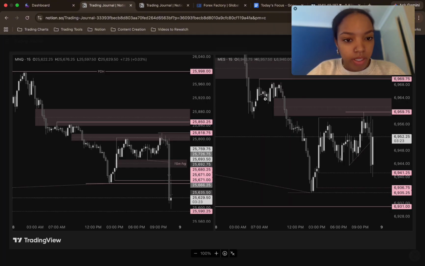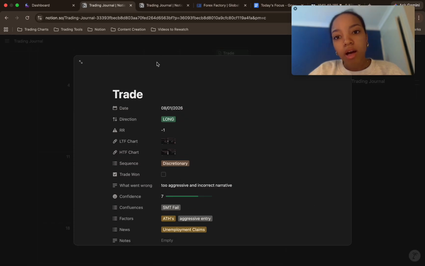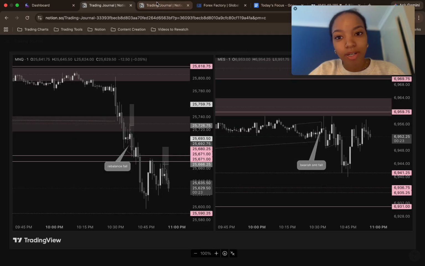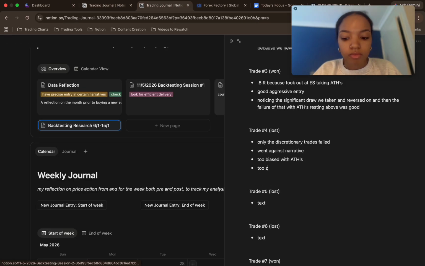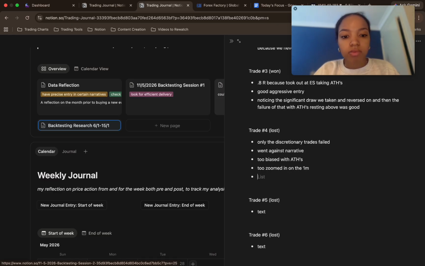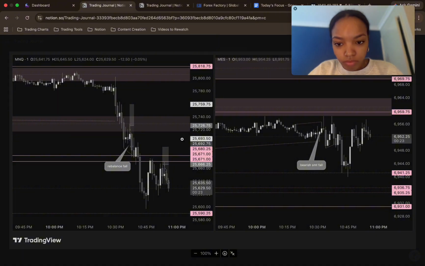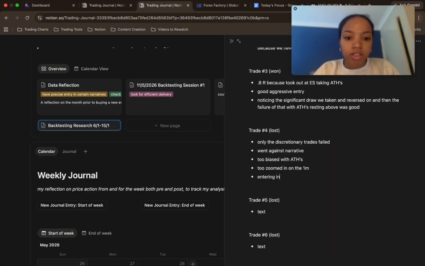Alright, so we had literally displacement lower, manipulated this high, continued lower, bullish SMT is failing. We were so bearish. I don't even know what to say. We were so bearish high time frame. Too zoomed in on the 1 minute. And I was really tired doing this one as well. Entering in chop.